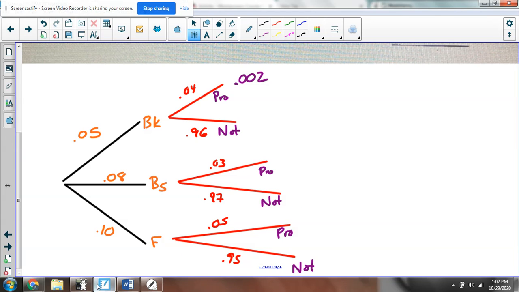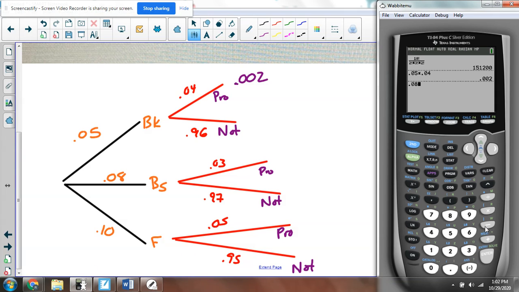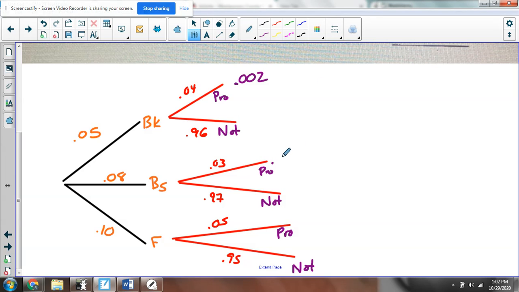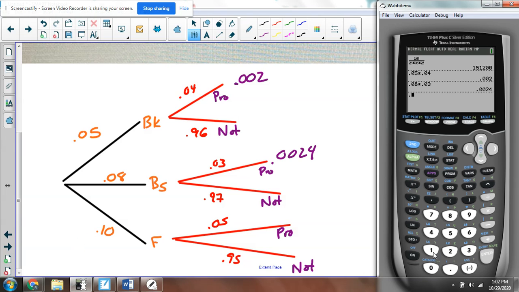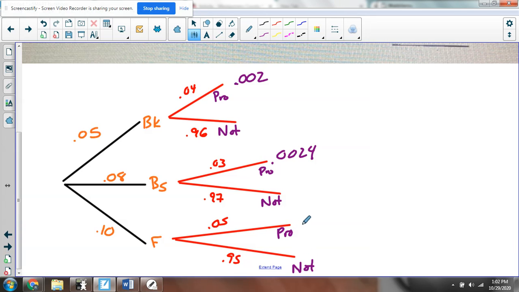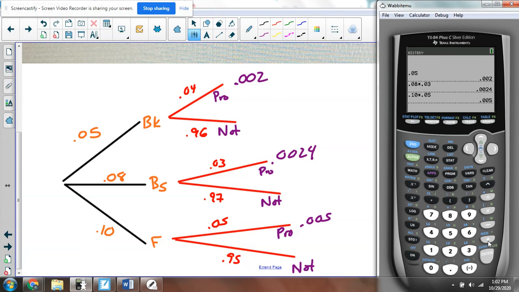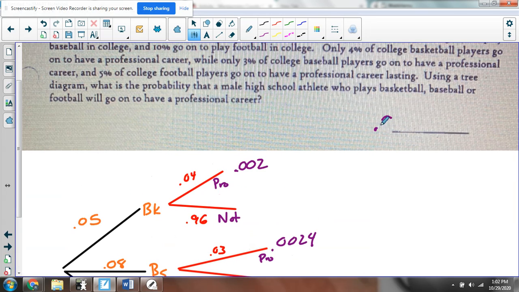So we only need to find the pros. Then we'll do 0.08 times 0.03. That's 0.0024. And football, 0.10 times 0.05, 0.005. Add these guys up. This plus this plus this. 0.0094. Hopefully I read that right. Okay.